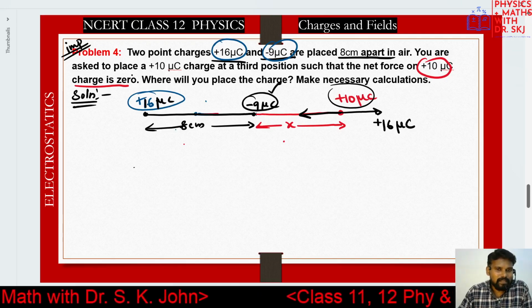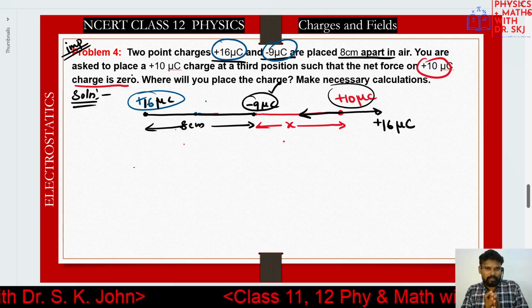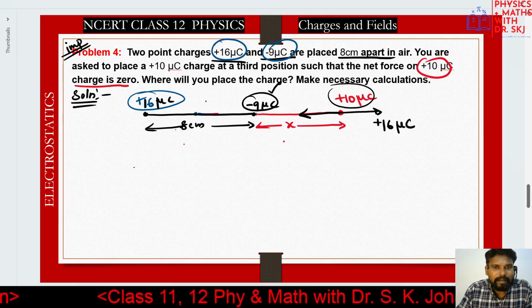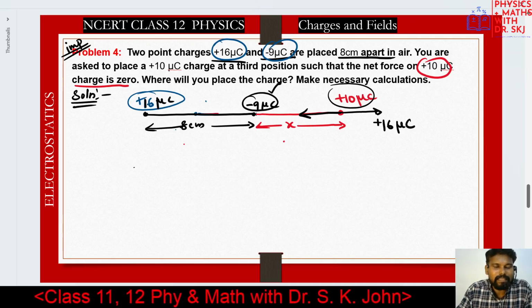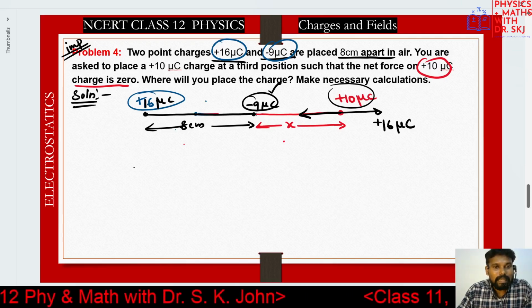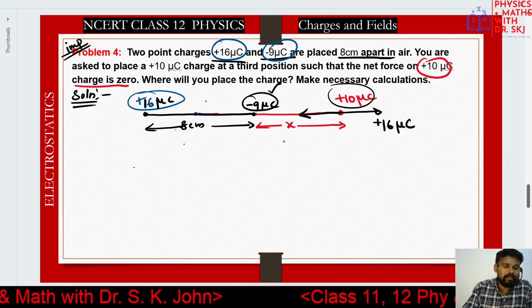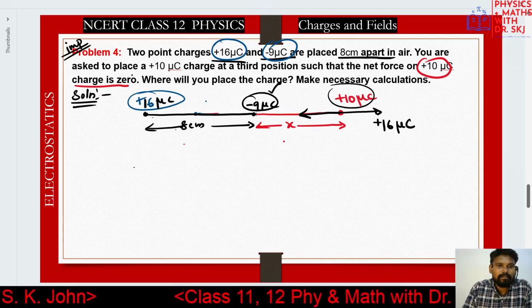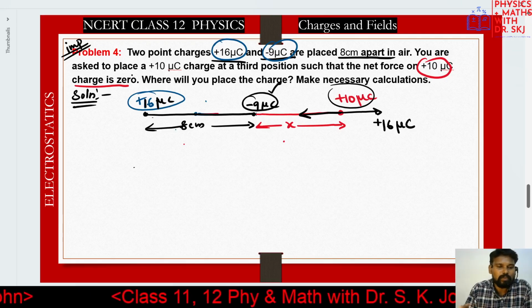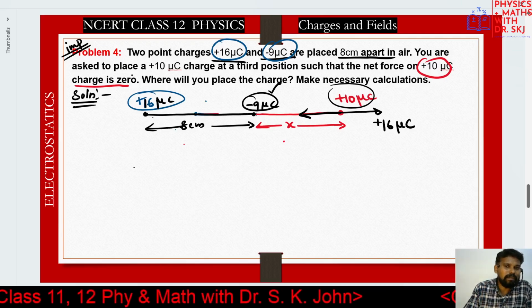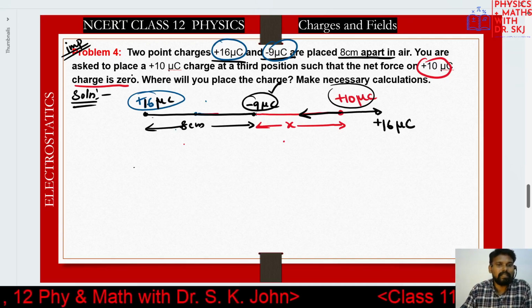So you have to place the third charge on the line joining these two charges, and beyond the charges, not in between the charges. If they are placed in between the charges, the forces will not be cancelled. We have to place the charge outside the two charges.